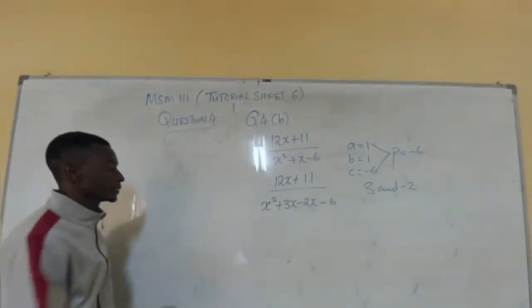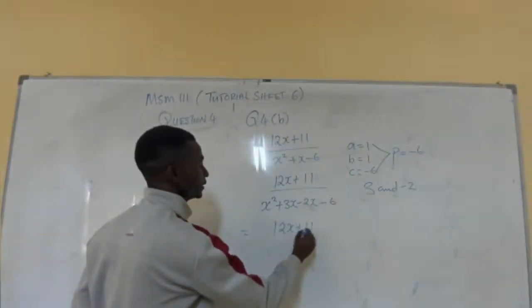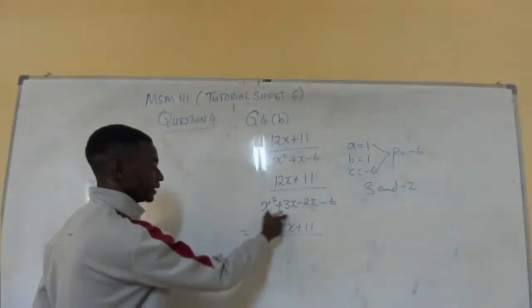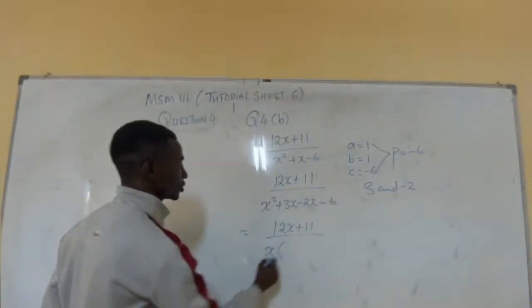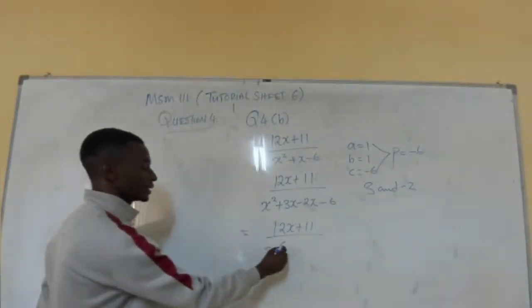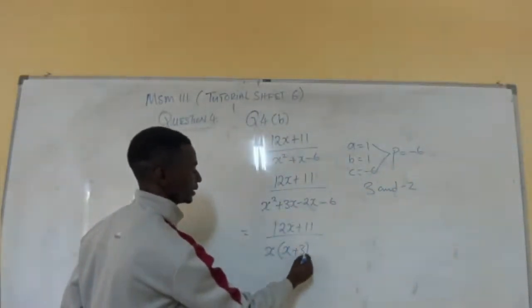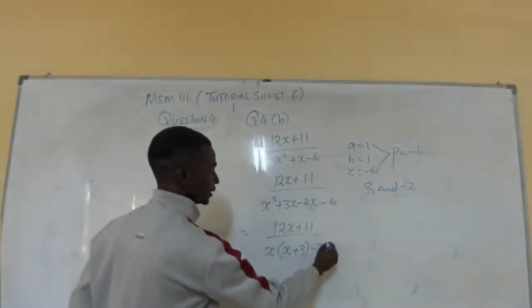So now let's do this. 12x plus 11 over, you'll find your GCF here, which is x. So x into x squared is x, into that plus 3. What is your GCF there? It is negative 2.